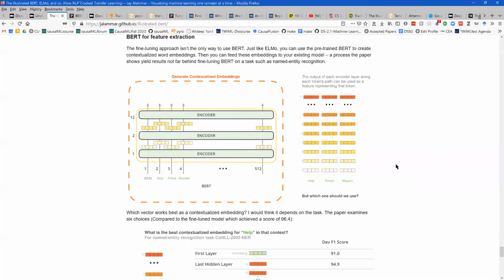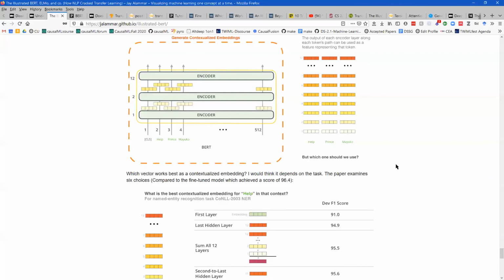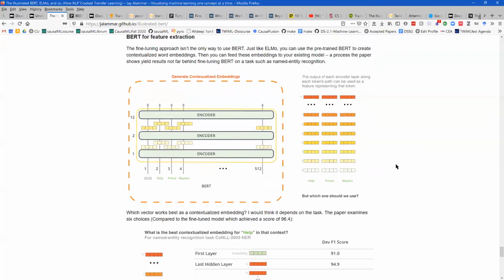In ELMo you got 2 embeddings, from the first and second level LSTM, and you weight them differently and combine them with the input embedding. So you had 3. Here you get 12, and depending on the task, you can weigh any one of those 12 embeddings appropriately, and as Gautam was saying, make them hyperparameters and tune them to get the best result for that task.